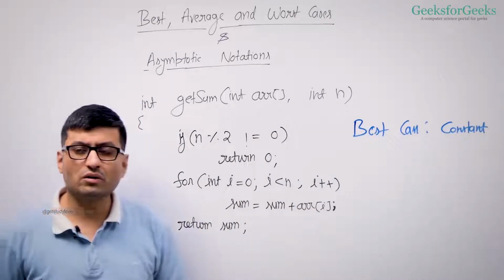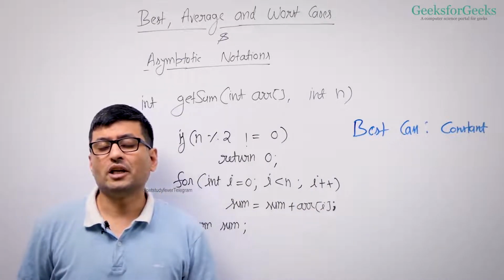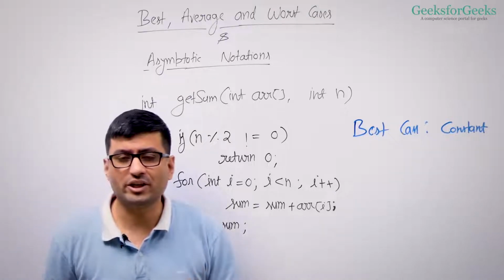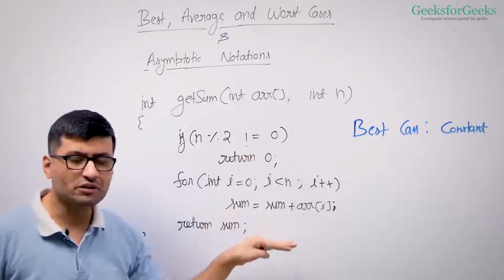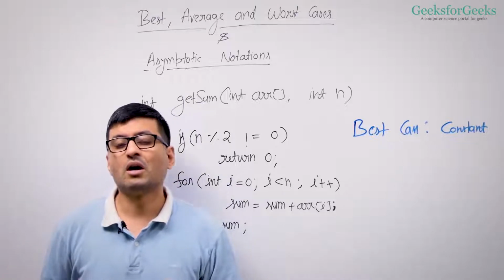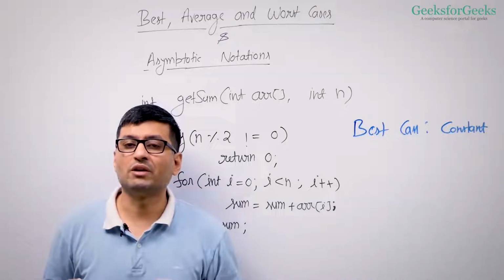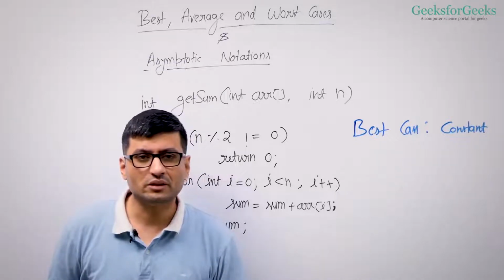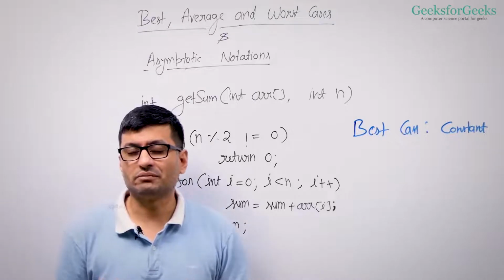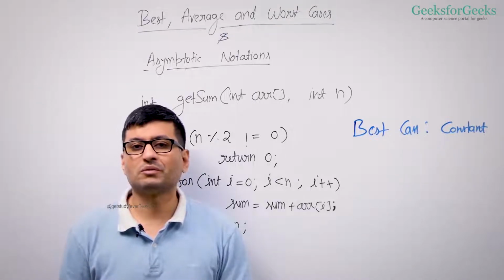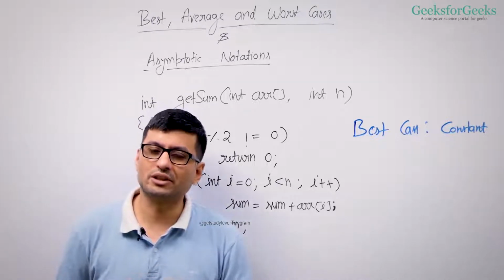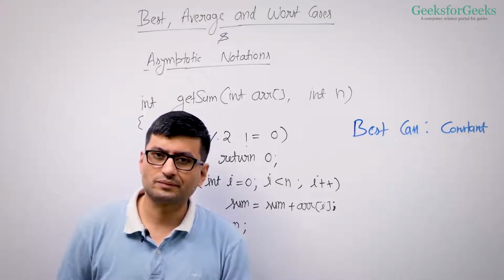Let's now talk about average case. See, average case is something which is many times impractical to guess. You have written this function, you do not know how your users are going to use it. How are they going to provide input, and which input is going to be with what frequency? So if we know all possible inputs, we can say I'll find the order of growth for every input, do the sum of all order of growths, and then do an average and find the average order of growth.